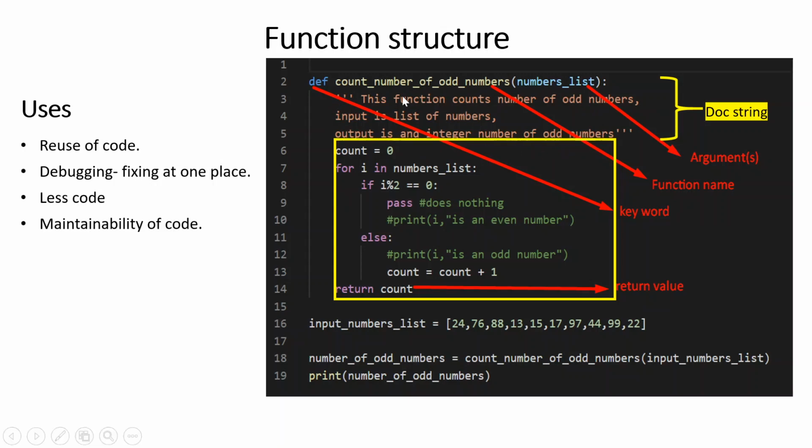This function counts the number of odd numbers. Input is a list of numbers, and output is an integer which counts odd numbers. If you read this, you don't need to read through the logic, because if you give this logic to 10 people, there will be at least 5 different ways to do this. You don't need to crack your head just to understand the logic.